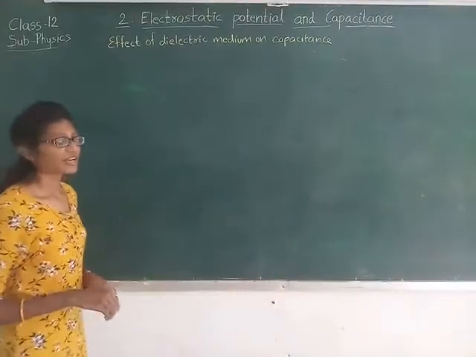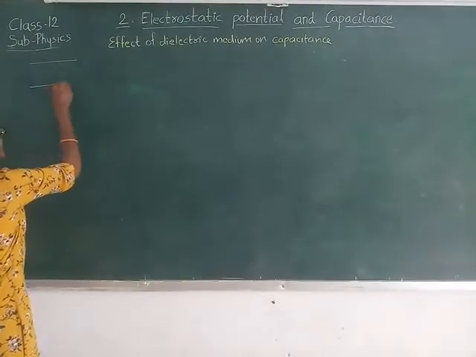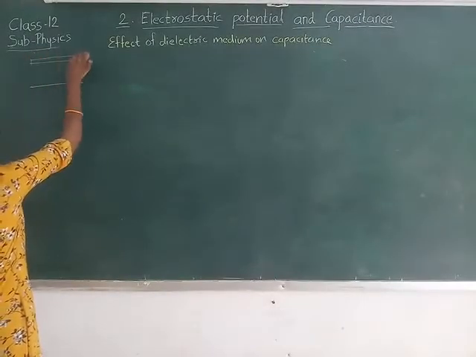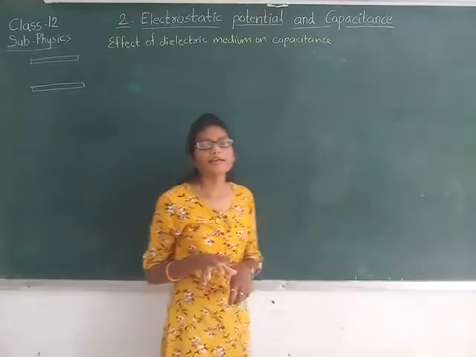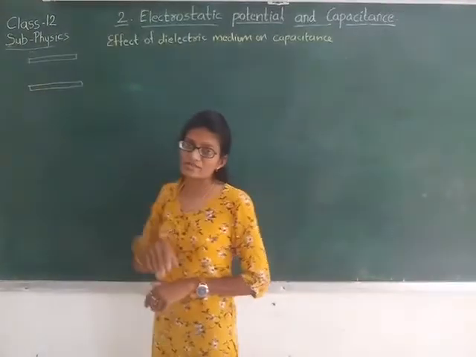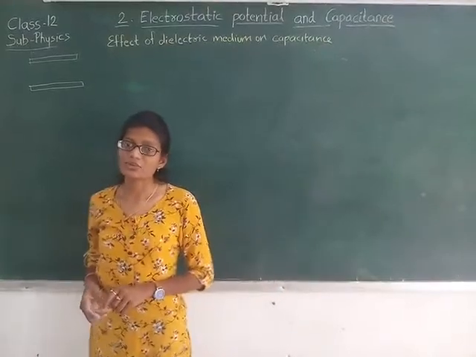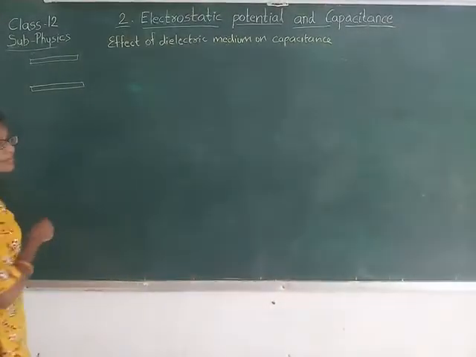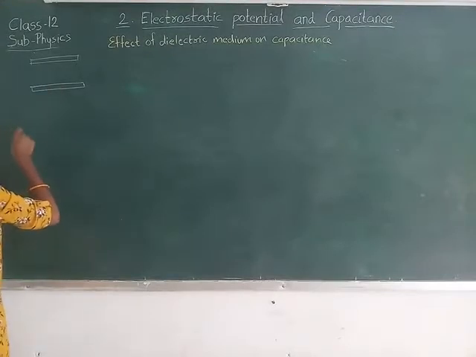Now instead of that, if we place any medium between these two plates in such a way that the dielectric medium occupies the whole region between these two plates, then there will be a change in the capacitance value. Let us see how the capacitance value changes and how this dielectric medium affects it.